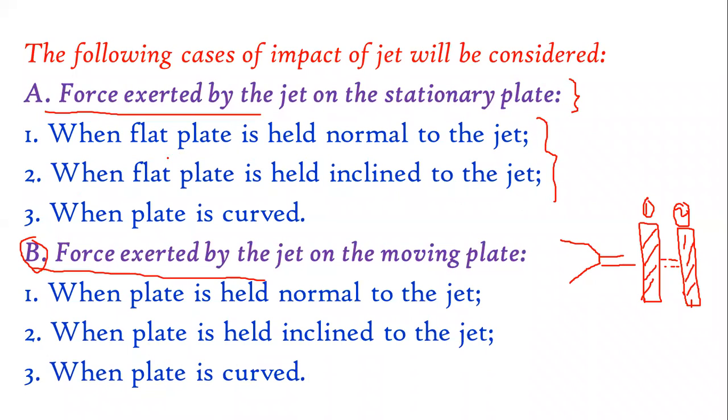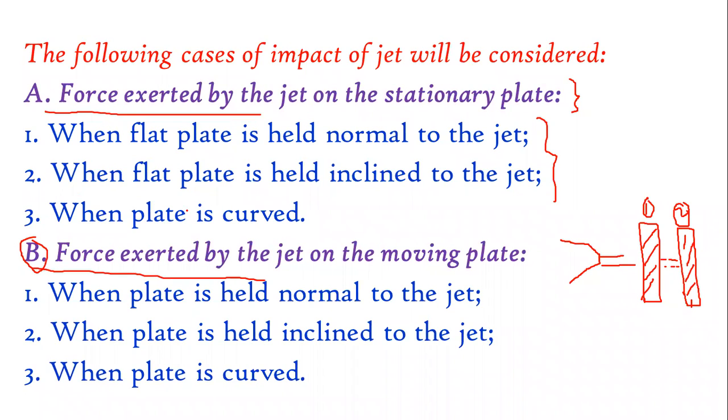First, when the flat plate is held normal or perpendicular to the jet. Second, when the flat plate is held inclined to the water jet. And third, when the plate is curved. So for both stationary plate and moving plate, we are going to study the same three types.